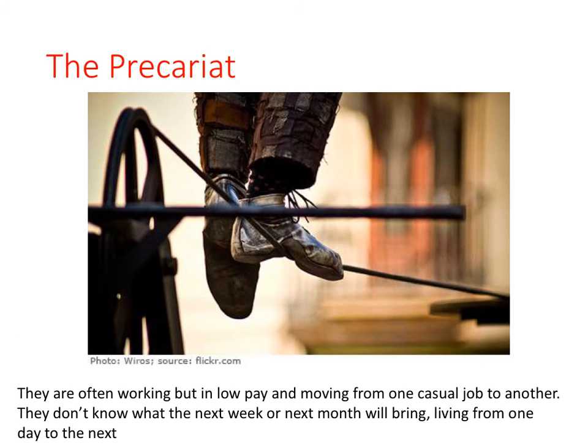So people in this bottom social class are not necessarily unemployed, but they're often people who are working in low-paid jobs and moving from one casual job to another. And this means that their existence and their income is very precarious. It's very uncertain because they don't know what the next week or the next month will bring, and they have to live from one day to the next.